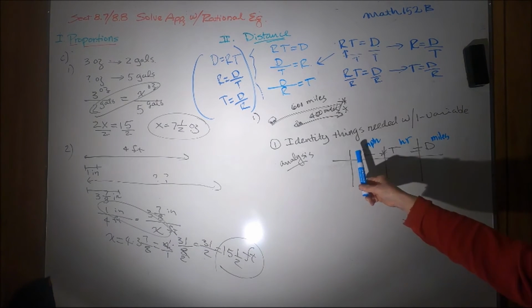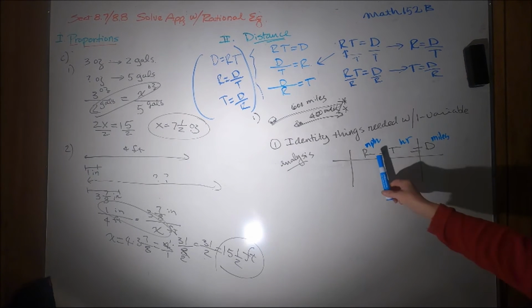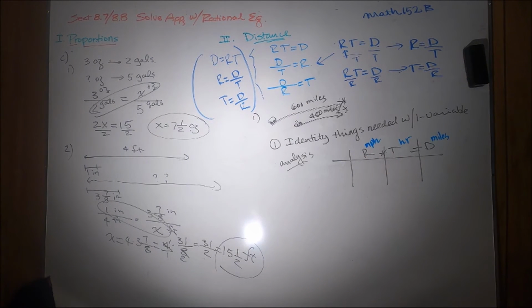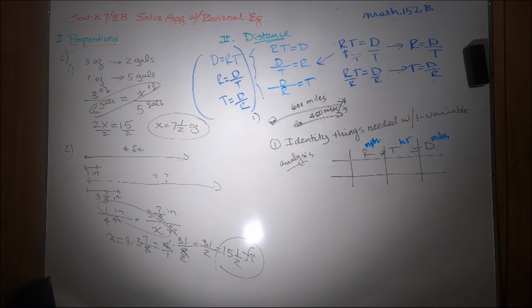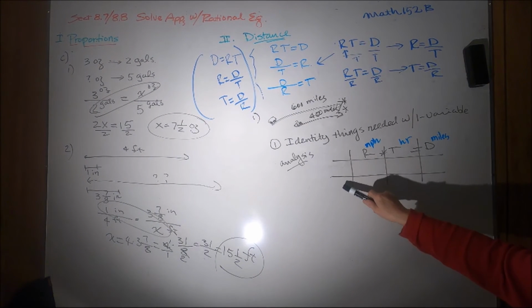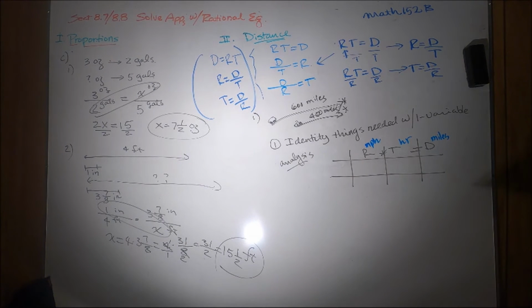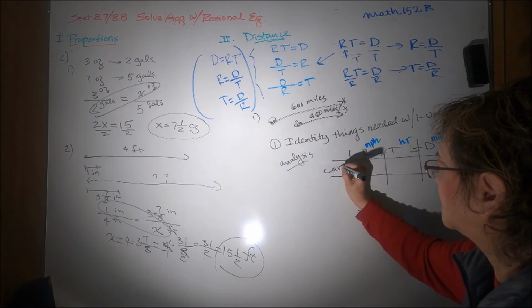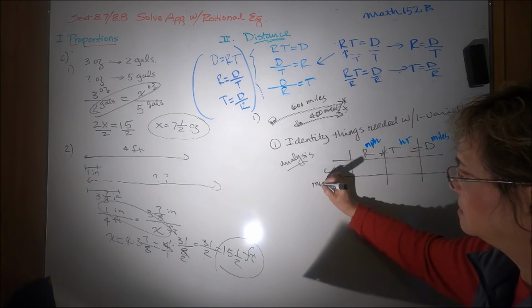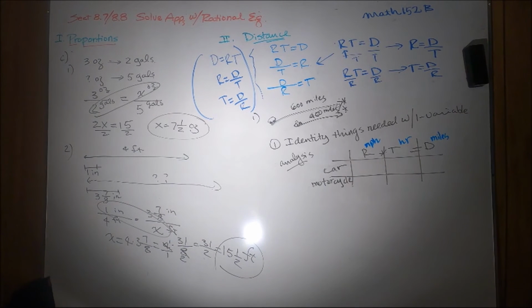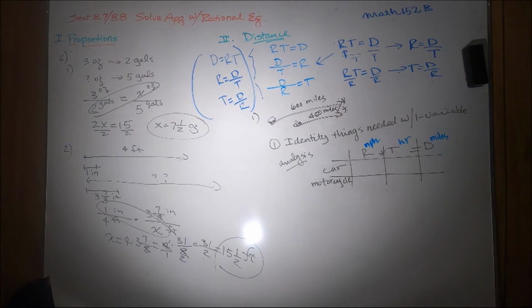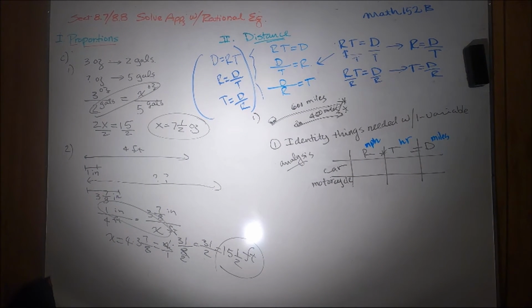So you write the things you are going to calculate on the top. Then you write different conditions, different situations, different scenarios on the bottom, right? One is by car, one is by motorcycle, right? So what are we going to find? Find the speed of the car and the speed of the motorcycle.